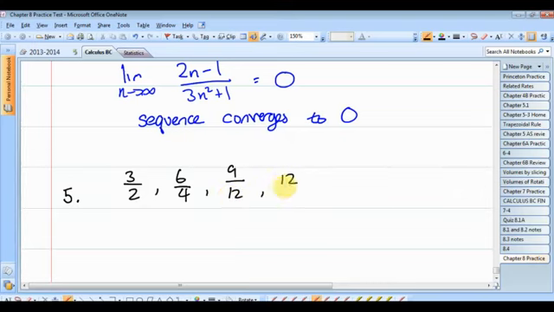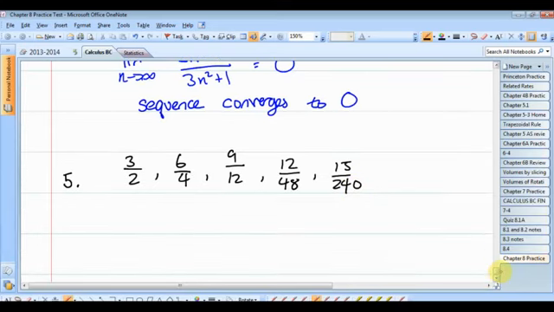12 over 48 and 15 over 240. And the way I want to consider this is I want to take a look at the sequence of the numerators and the sequence of the denominators separately. Okay? Let's take a look at the numerators, and let's number them.